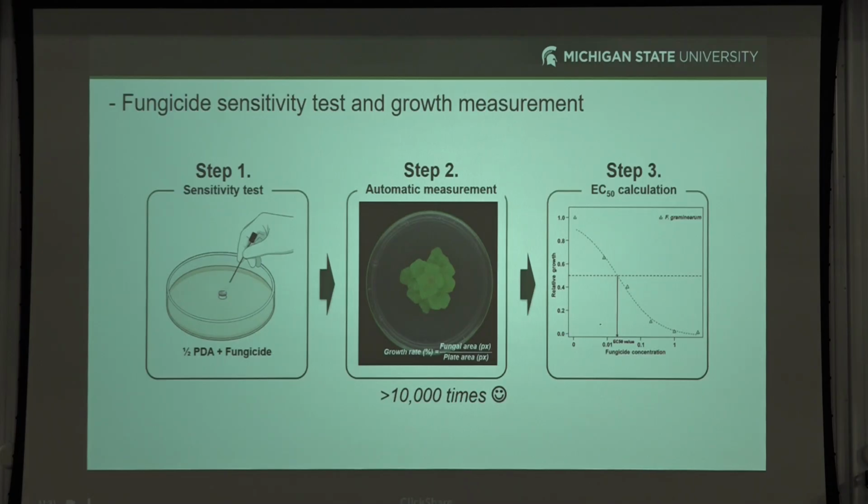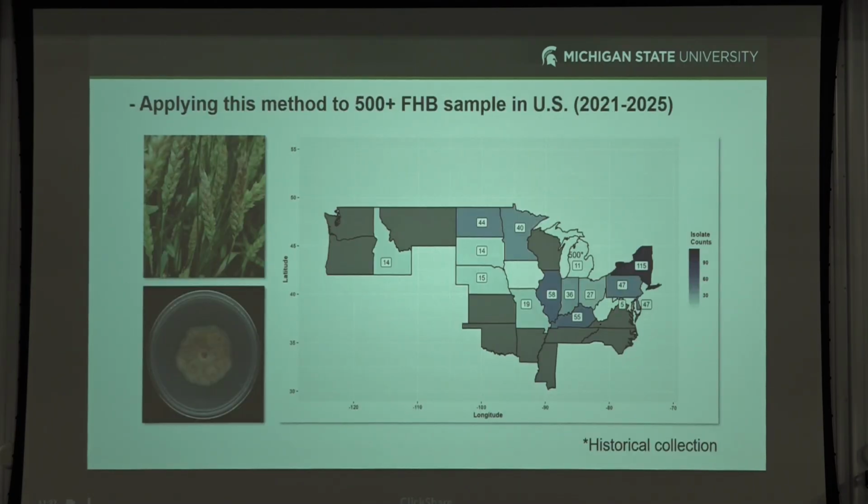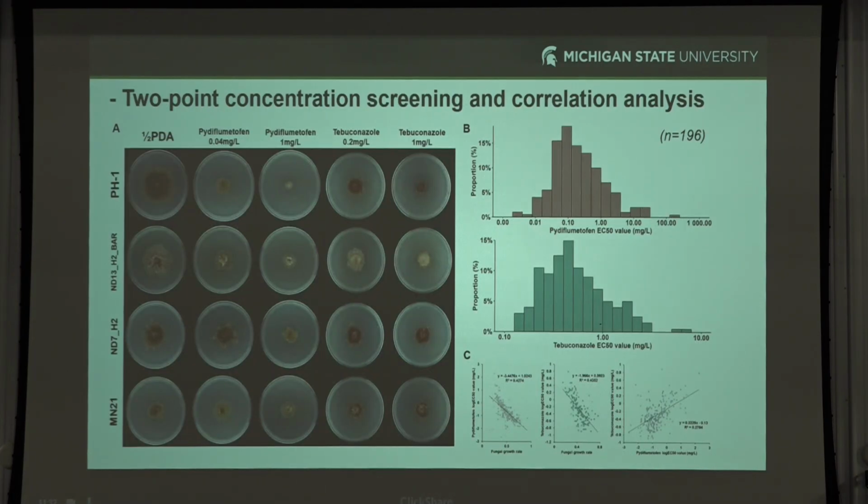And from that, we determine something called an EC50, so how much of the fungicide do we need to limit that growth by 50%? By doing that work, we're able to look at whether there is any fungicide resistance now, or an indication that it's likely to be a problem in the future. We've got a large collection of isolates, fusarium at least, from across Michigan, and we're doing some other work now with the Head Scab Initiative across the country to look at fungicide resistance.